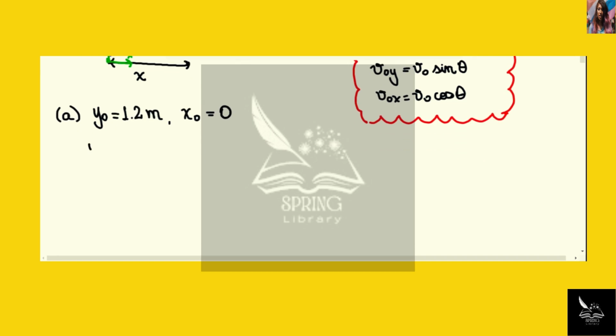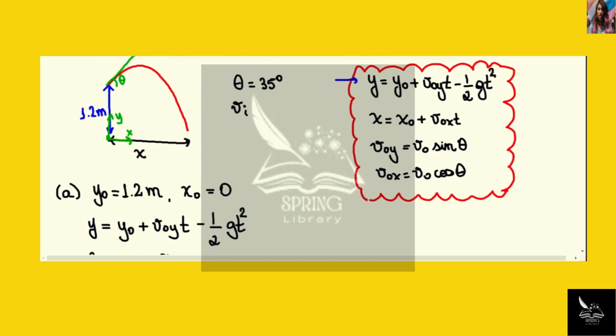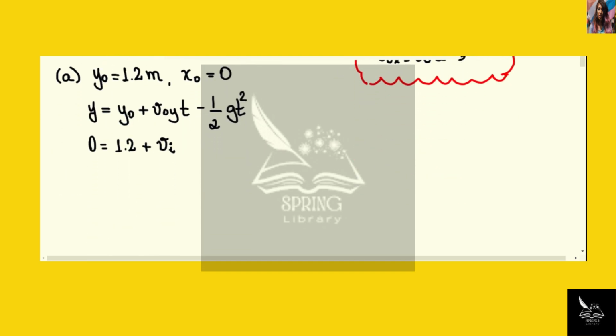So first of all, I'm going to use the y equation to calculate how long it takes for the ball to reach the ground. So we have that y is equal to y0 plus v0y t minus 1/2 of g t squared. When the ball reaches the ground, y is 0 and y0 is 1.2 meters. I'm going to leave the units implicit because everything here will be in the international system. v0y is v0 times the sine of theta, and for v0, the initial speed, we have vi, so I'm going to substitute it.